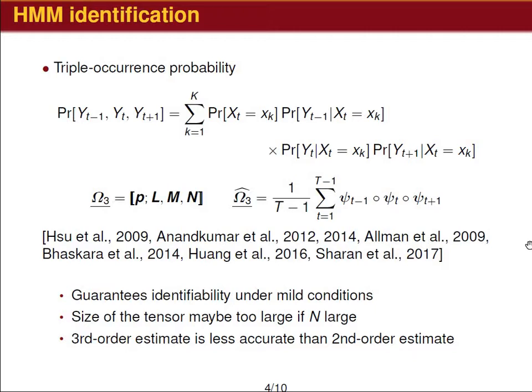But if we go to higher order, then first of all, the complexity still goes pretty high, especially when N, the size of the state space of the observations, is large. And also, if we rely on third order estimates, then we still need quite a large number of samples to get reliable estimates, and in the paper we show that it is always less accurate than the second order estimate.